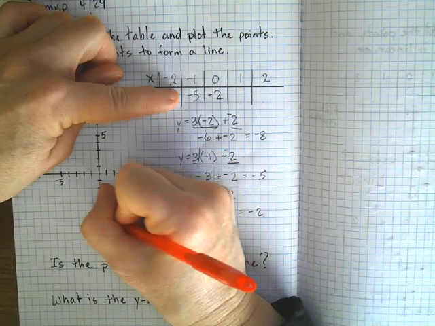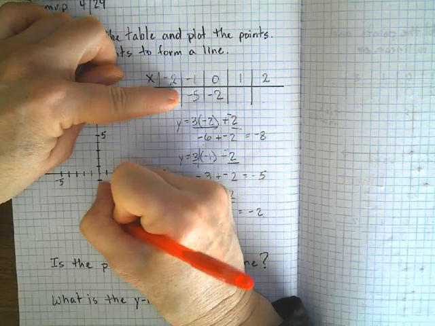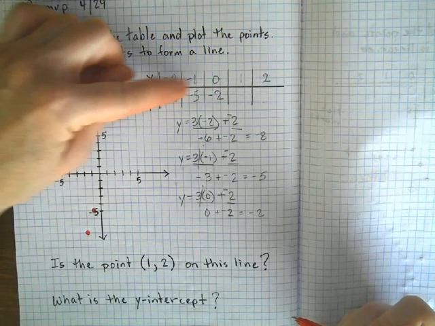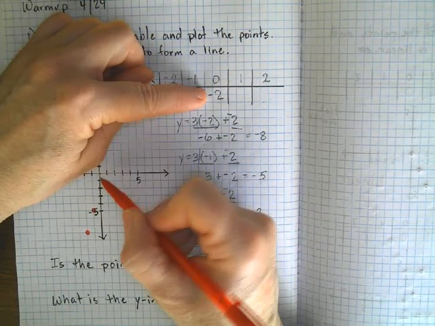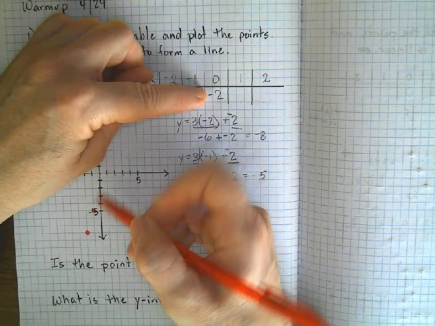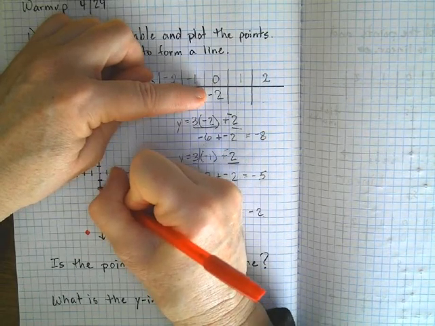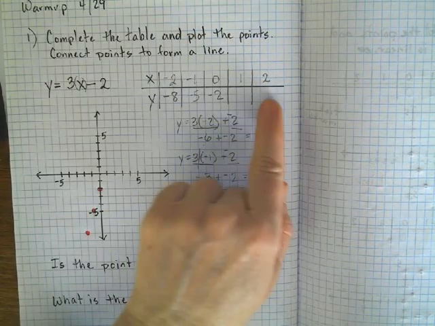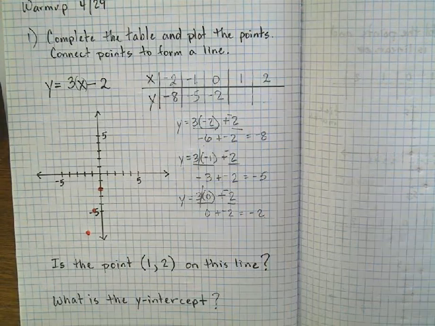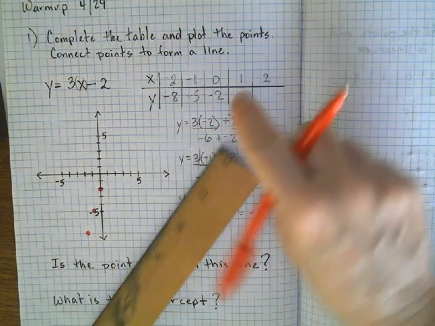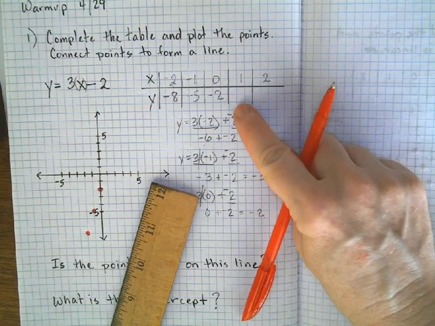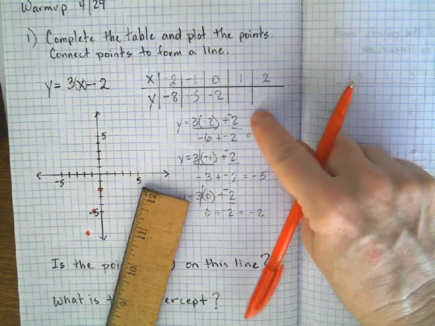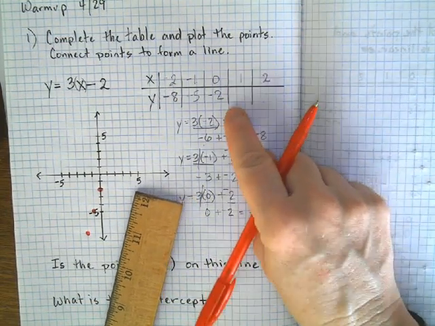Oops. It's on top of my label. That's okay. Next one, 0, -2. 0, -1, -2. Okay? And then you're going to plot 2 more points, complete the table. You do this. Finish the numbers for 1 and for 2.